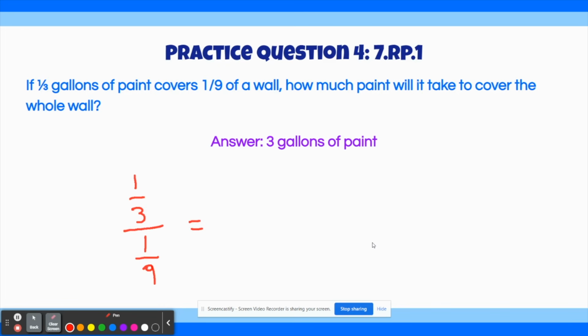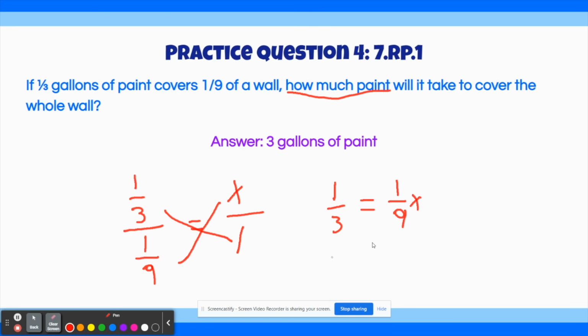And we can set this equal to x because we're trying to solve for how much paint it will take to cover the whole wall, which is just one wall. And now we can simplify this using cross multiplication. 1 over 3 times 1 equals 1 over 3, and 1 over 9 times x equals 1 over 9x.